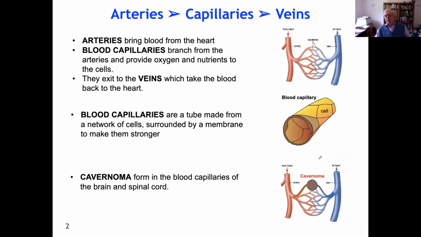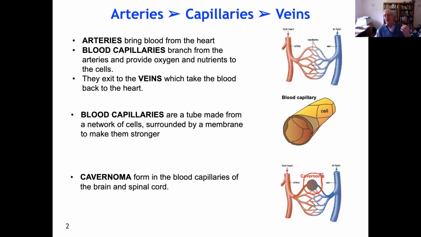If you get a sporadic Cavernoma, that is formed on a particular capillary cell somewhere in your brain. But the mutations, the abnormalities in the cell that's responsible for this Cavernoma, are unique to you, as it were.